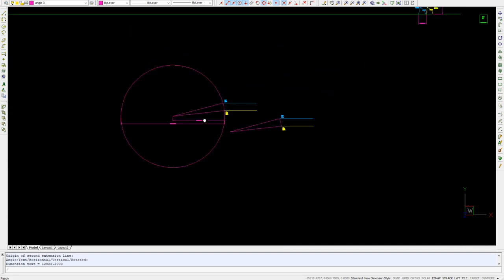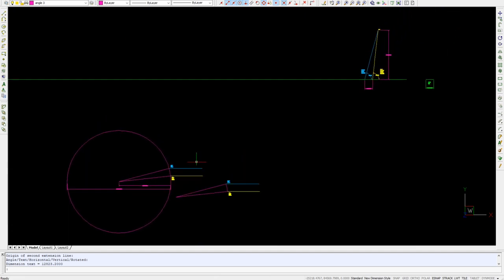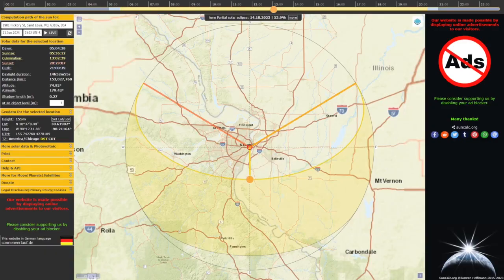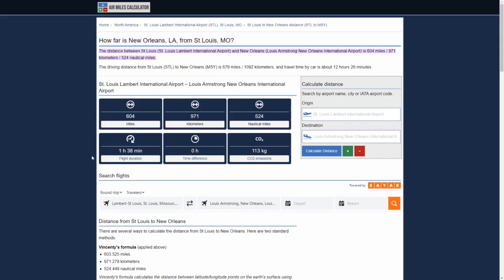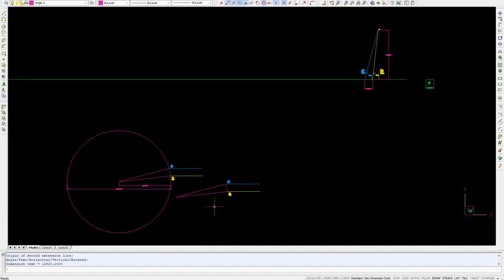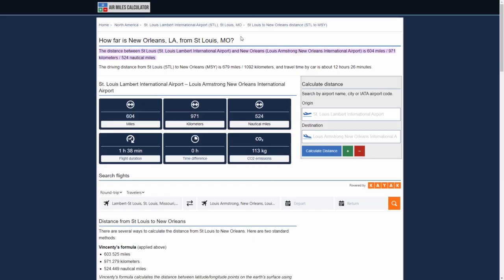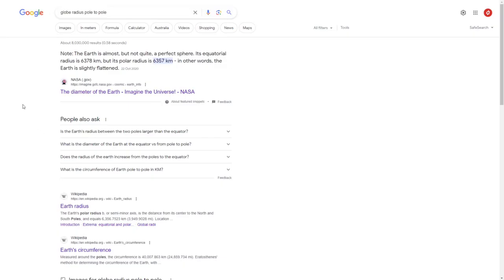So this calculation, based on the heights derived by this website and based on the distance of 971 kilometers between St. Louis Lambert Airport and Louis Armstrong New Orleans Airport, has given me a radius that is 1% out from what Google says is the actual radius.